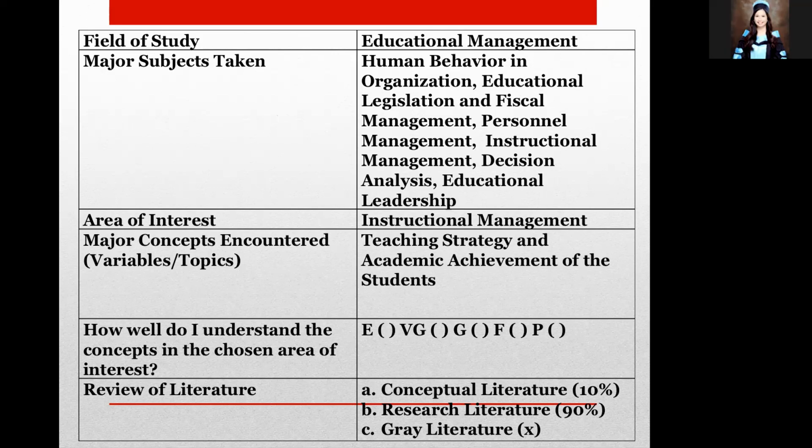Yung DV po. Tapos, yung performance ng mga bata, yun yung IV. Kasi independent yun sa teaching strategies ng mga teachers. Independent or dependent? Ay, dependent. Dependent. Sabi sa inyo, sa ibang bagay, okay ang baligtaran, pero dito hindi kayo pwedeng magbaligtad.